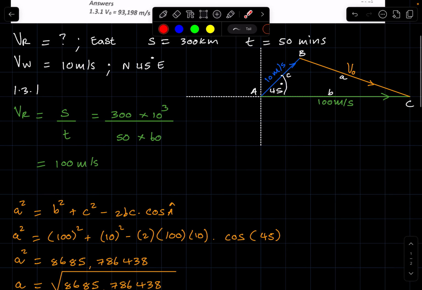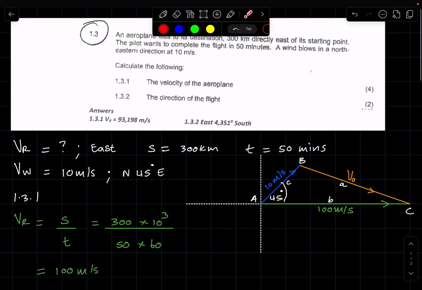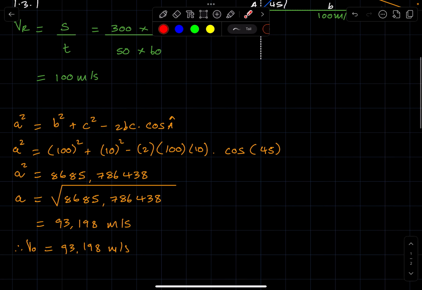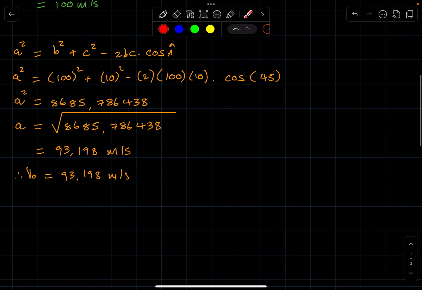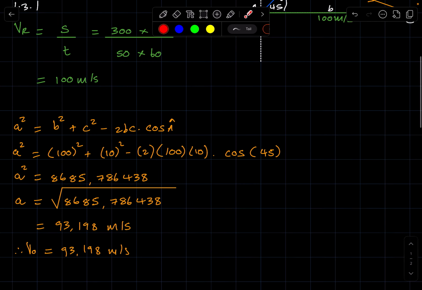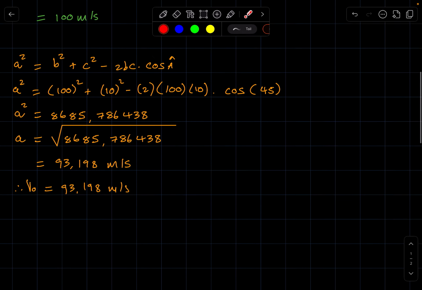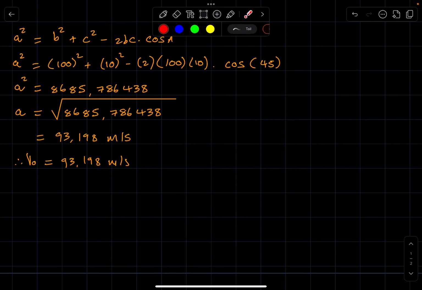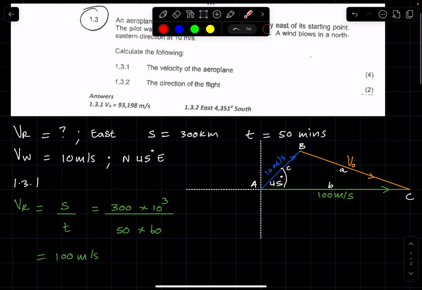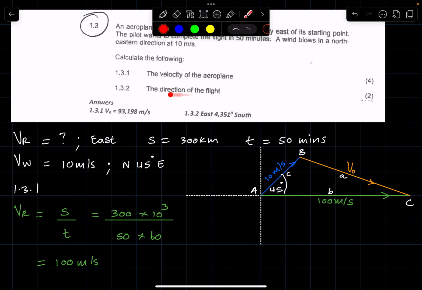So when they've asked you to calculate the velocity of the aeroplane, just know they want you to calculate VO. Now normally you would then have to calculate the direction of VO, but in this case, because the second question, 1.3.2, wants us to calculate the direction of flight, you can leave that for 1.3.2.